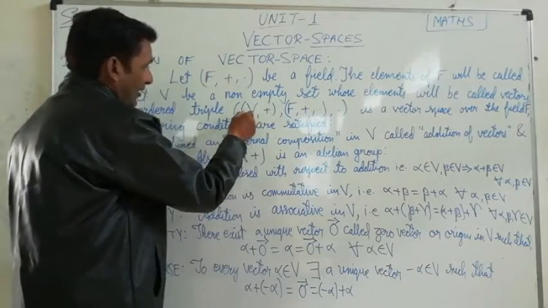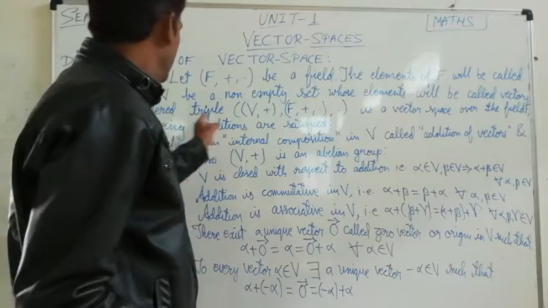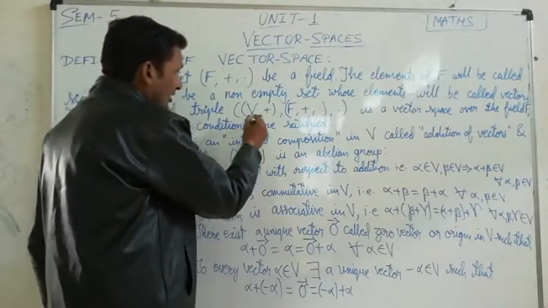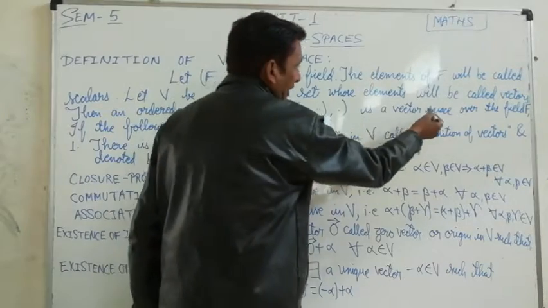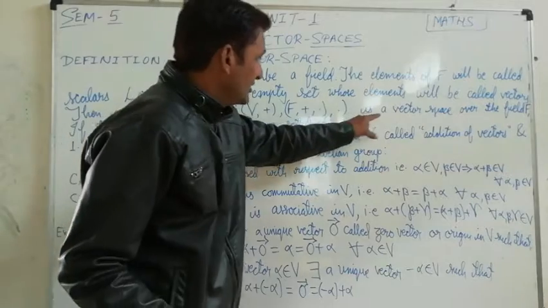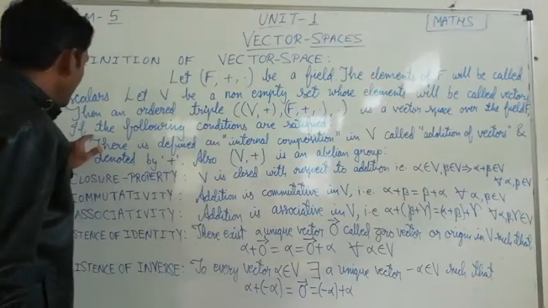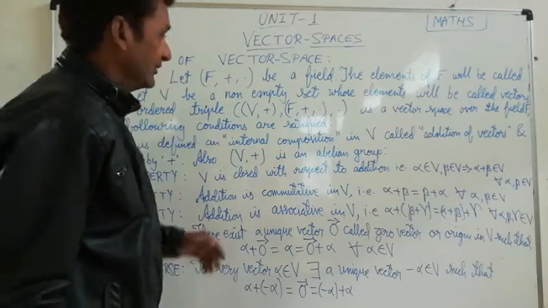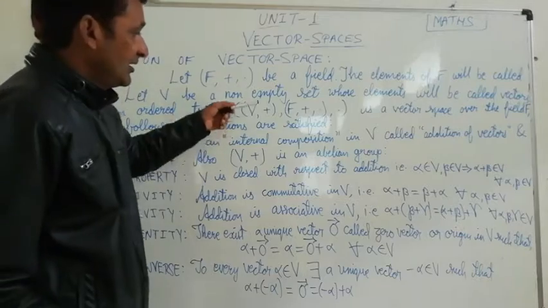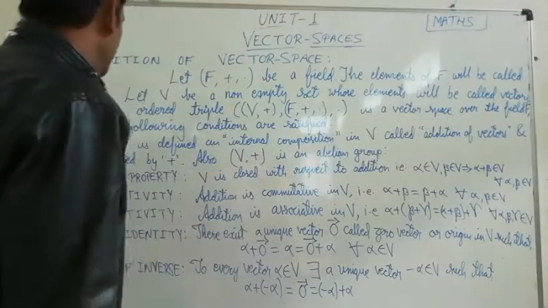Then this is called a triple, 1, 2 and 3. That's why it is called a triple. This ordered triple is a vector space over the field F if the following conditions are satisfied. Let us see those conditions which it must satisfy to be a vector space over the field F.